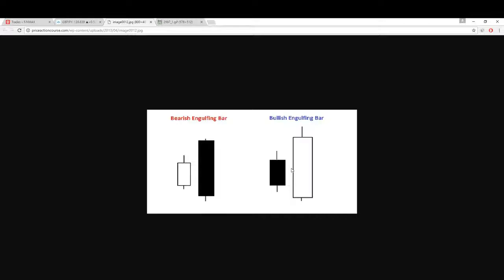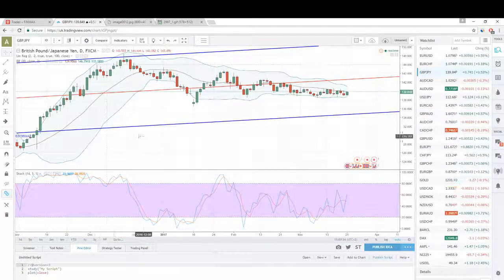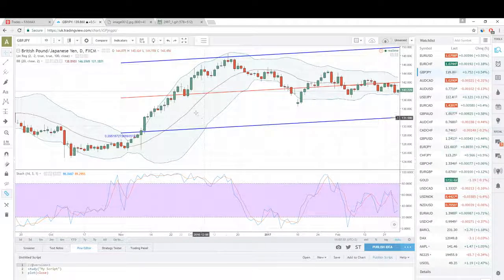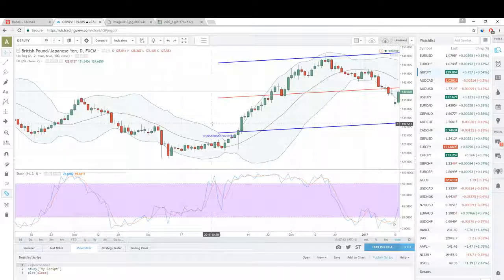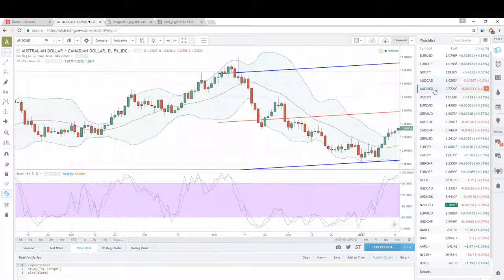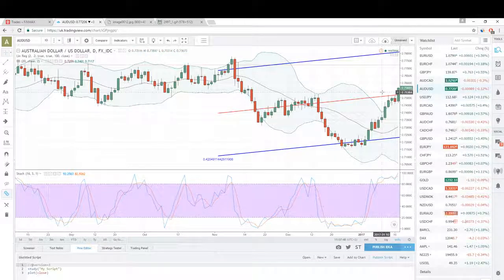It's better to search for the engulfing bullish bar at the end of the downtrend, and when it appears, it marks that the trend can be changed, and we can expect the change in trend to the opposite. So let's see where we had the engulfing bar.